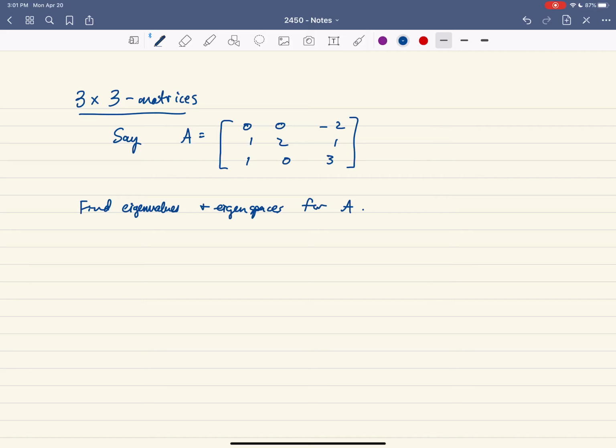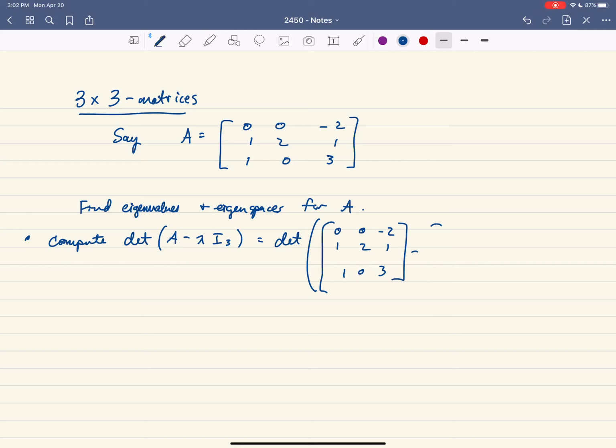What we're going to do is compute the determinant of A minus lambda I. Here I is a 3x3 matrix. I'll probably stop writing the subscript, but it's a 3x3 identity matrix. So this is going to be the determinant of A, 1, 2, 1, 1, 0, 3, minus lambda I, the identity times lambda.